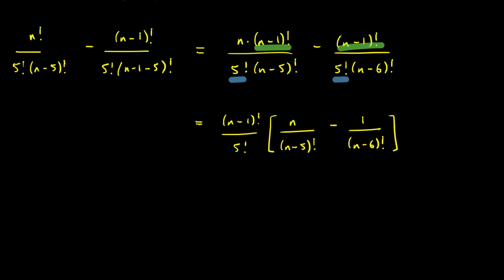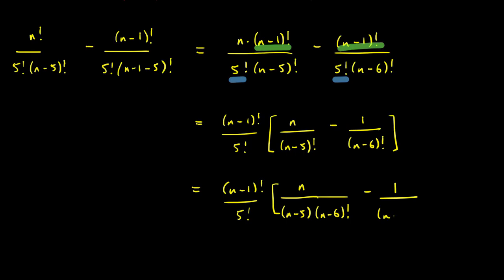In other words, I can rewrite it like this, as n minus 5 times n minus 6 factorial. Okay? Minus 1 over n minus 6 factorial. So I've split it up.